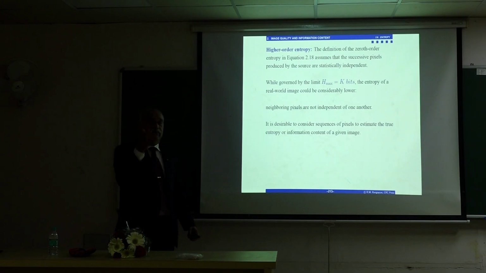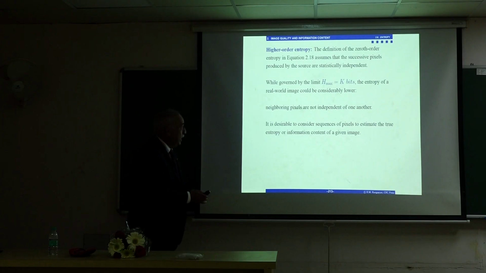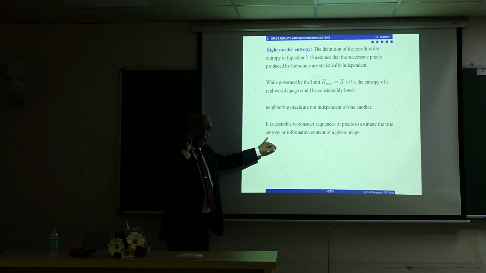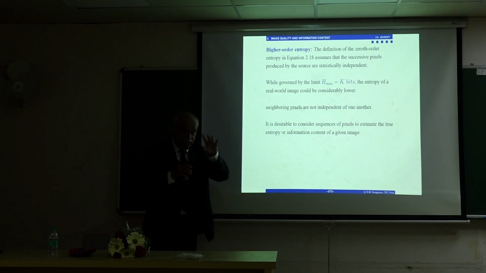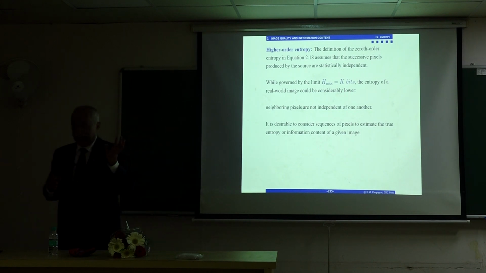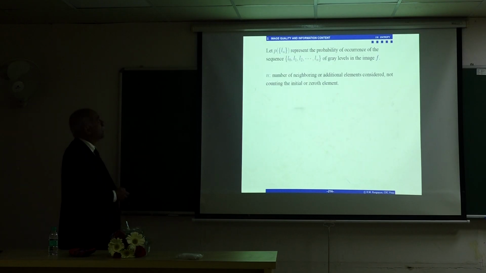And then you get various combinations of pixel values, all zeros, 1 and zeros, and 1, 1, 1, and so on, all of those. Then you find the probability distribution function or density function of that sequence for all possible occurrences. And then you find the entropy of that.